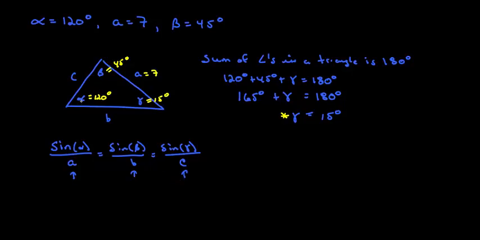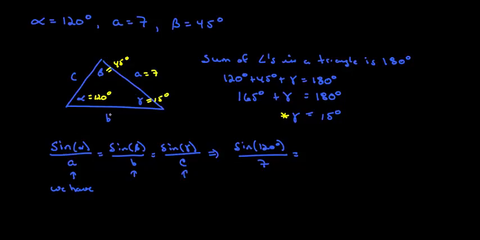I know alpha is equal to 120, and I know A is equal to 7, so this is the ratio we have. I'm going to write down the sine of 120 degrees over 7 is equal to. Now I'm going to use that to find some of the missing pieces.